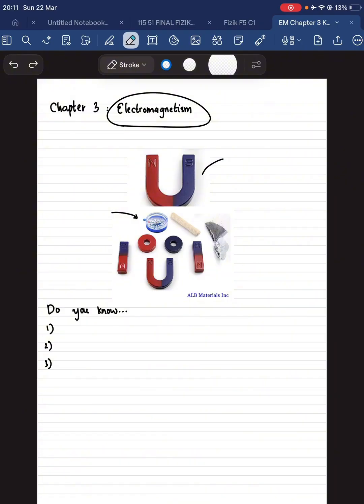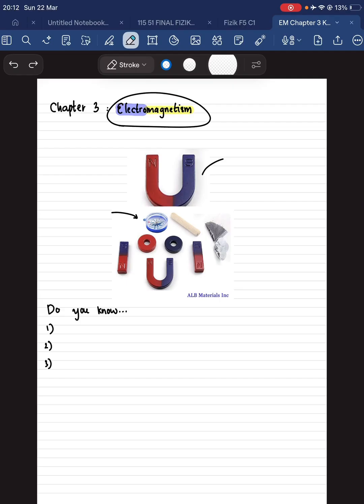Previously we have learned electricity, and now we are going to learn electromagnetism. If you realize, electromagnetism is the combination of two words actually. First one is electro, or we can simply say it's regarding electricity, the previous chapter, chapter 2, and magnetism.